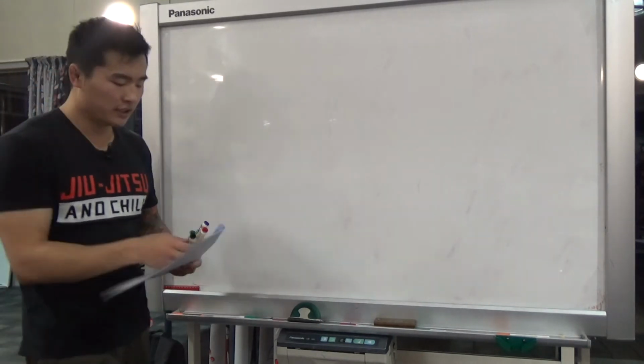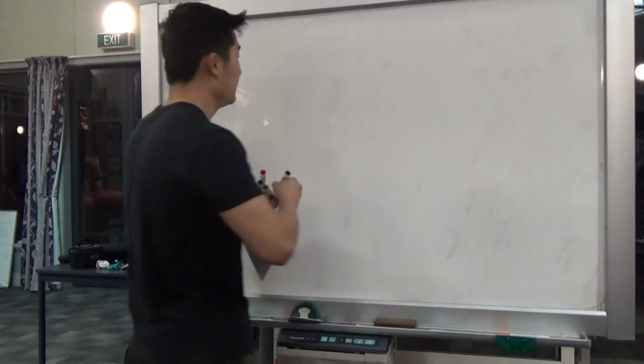So first of all, we're going to start off with our acetyl-CoA. This acetyl-CoA could have been produced from glycolysis, so it could have come from pyruvate, or it could have come from beta oxidation. So you've got pyruvate or your fatty acid.